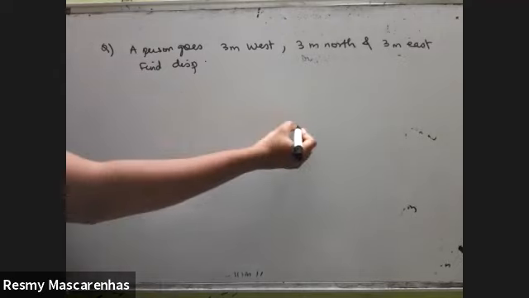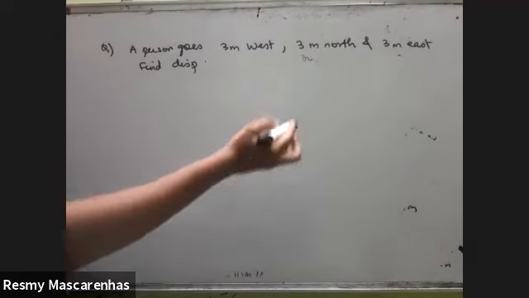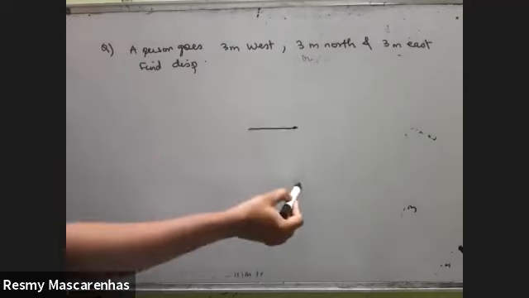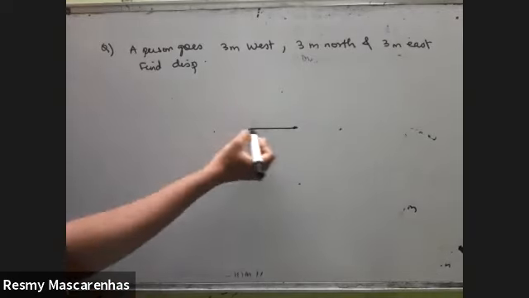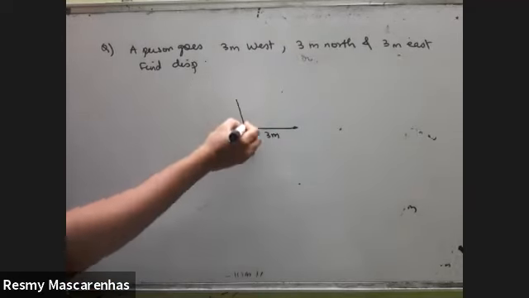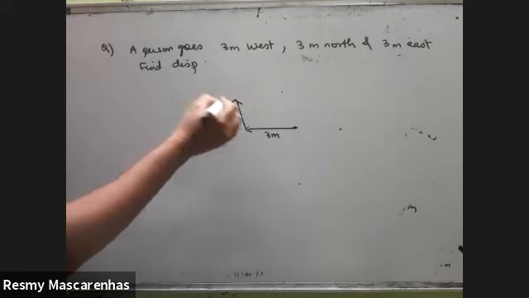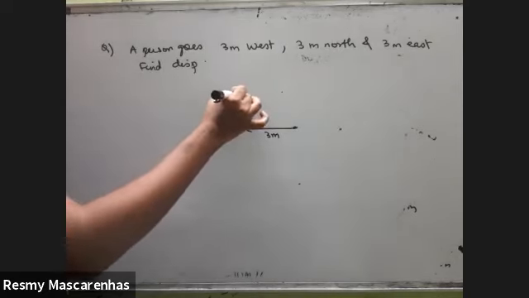We are starting here, suppose we are going towards west. Obviously, everyone knows north, south, east, and west. So west is this side. So 3 meters is going, then 3 meters is going towards north, then again going towards east.